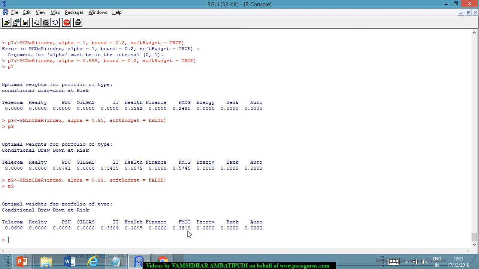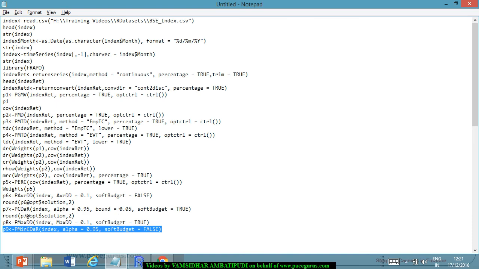So basically the allocation is done primarily in three sectors: FMCG, IT and healthcare, with very minute contributions in the telecom sector and the PSU sector, whereas a few sectors completely got ignored based on the alpha value of 99%.